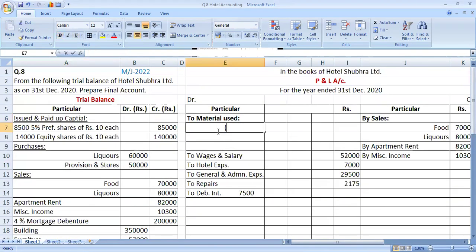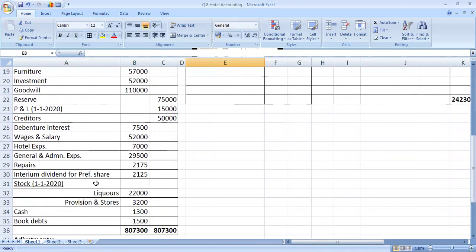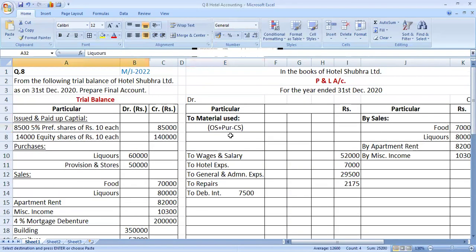Formula of material used: opening stock plus purchases minus closing stock. Hence items under the heading of opening stock are liquor 22,000, provision and store 3,200.